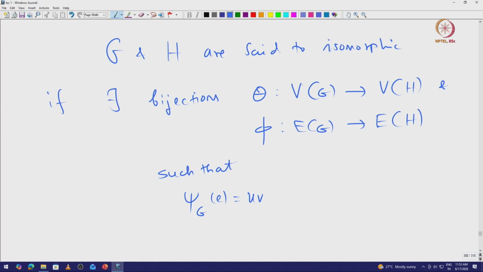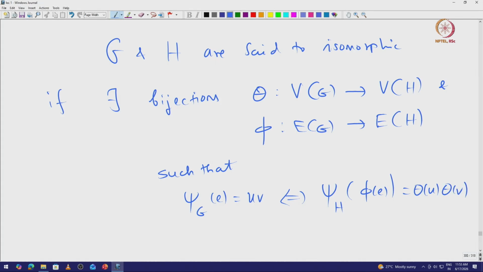So, UV joined by an edge E, that is what it means, if and only if we look at their images inside H. So, you have psi H of pi of E, and theta of U and theta of V must be joined by pi of E. So, that is what we expect.